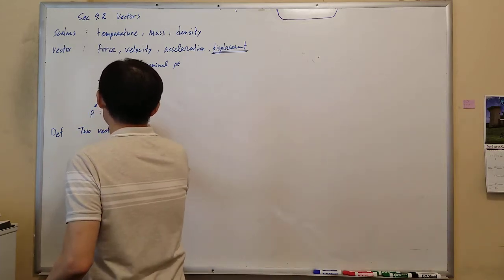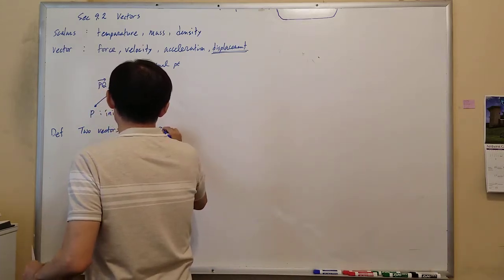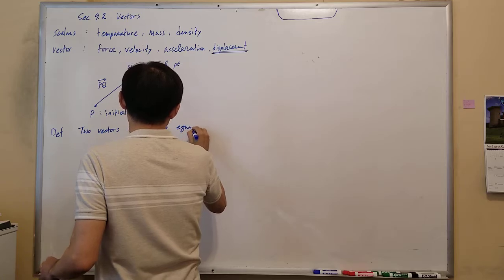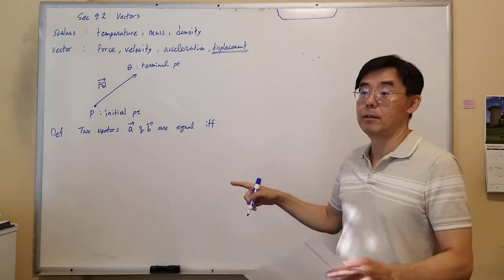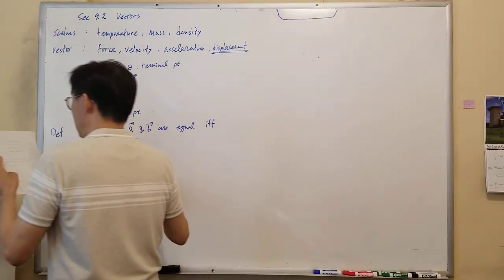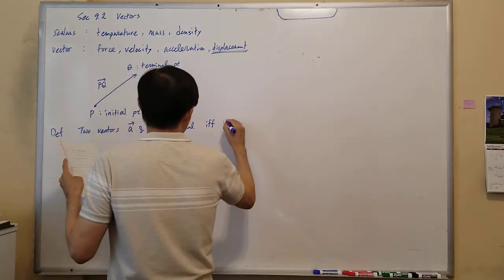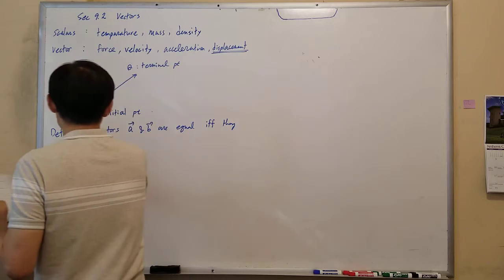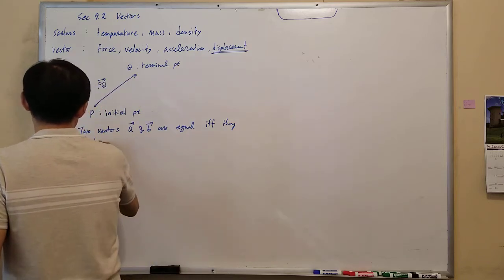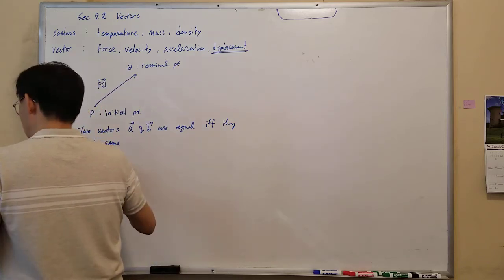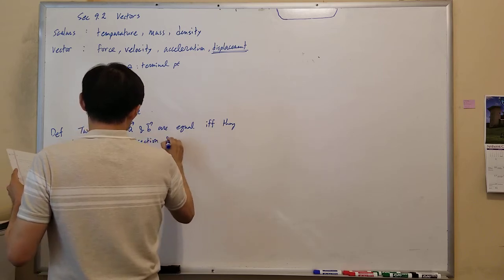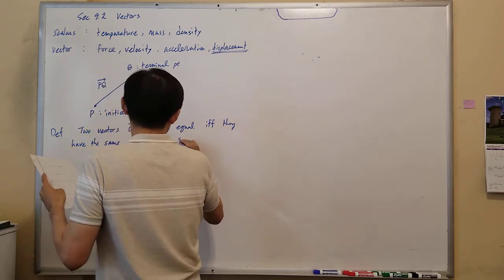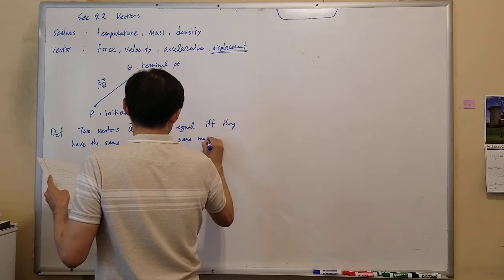Two vectors a and b are equal if and only if they have the same direction and the same magnitude.